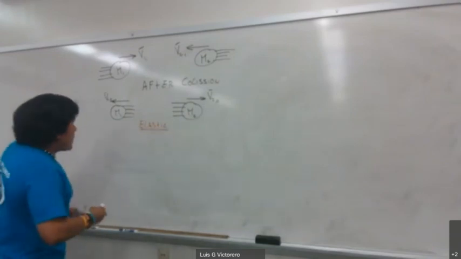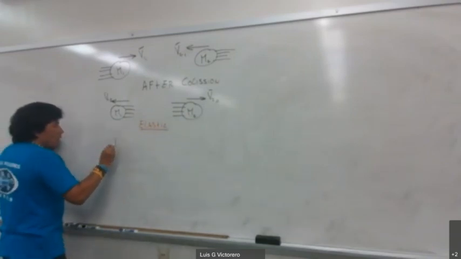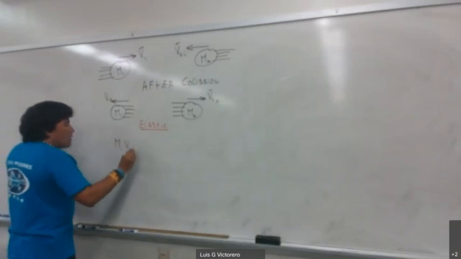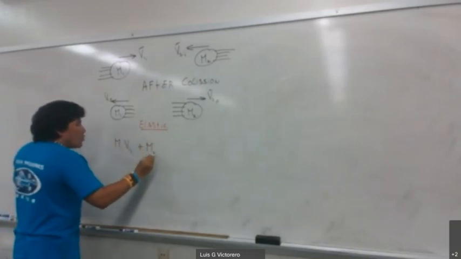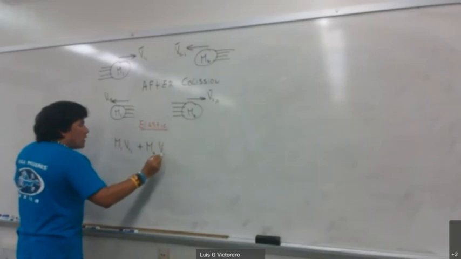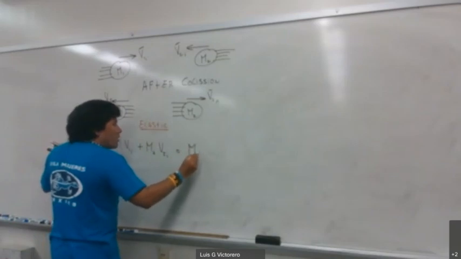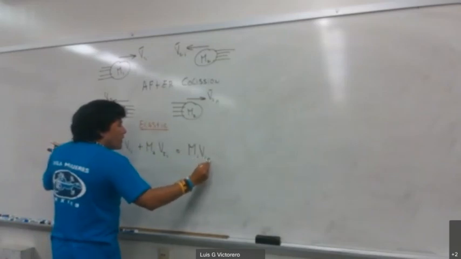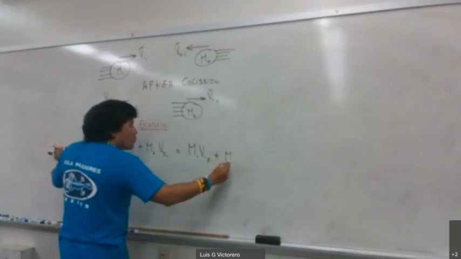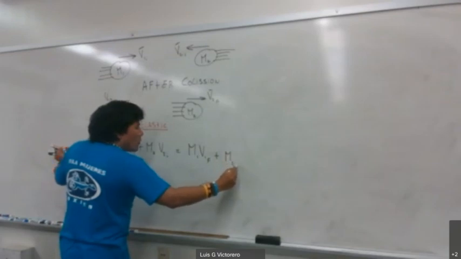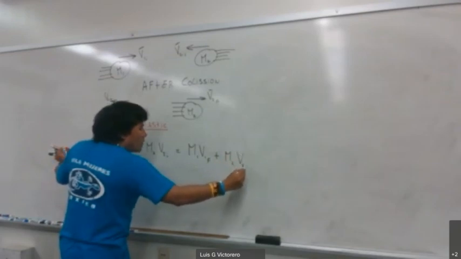By conservation of momentum, M1 V1 initial plus M2 V2 initial equals M1 V1 final plus M2 V2 final.